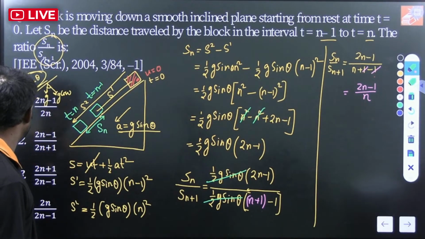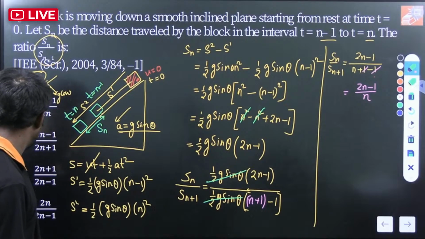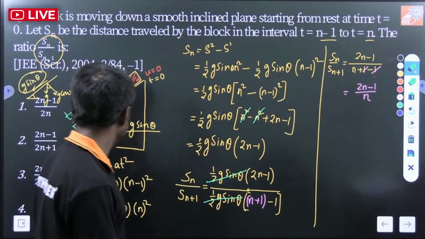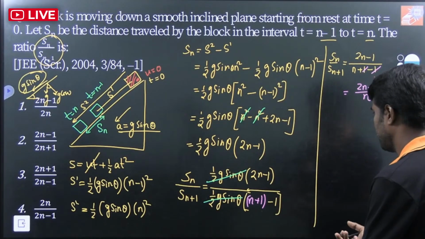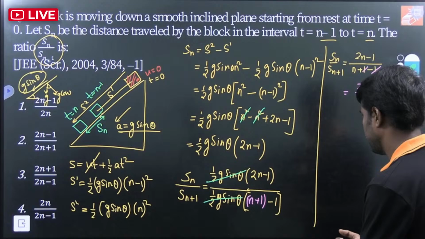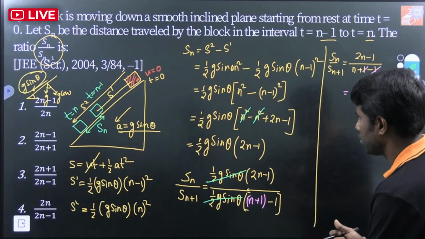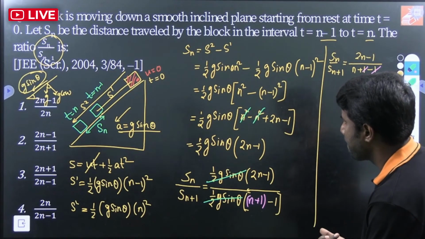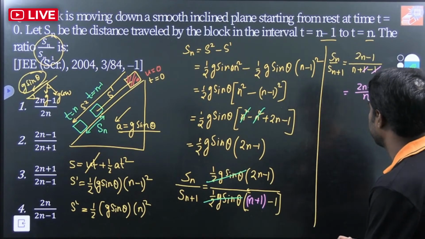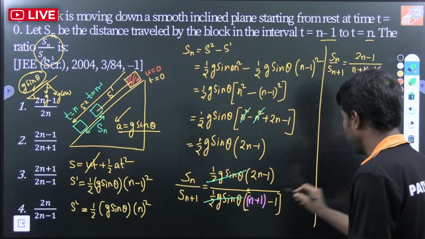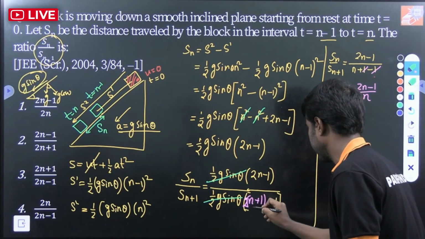Something I have missed, I think. See that calculation with n plus 1. Oh, we forgot the 2 part here. We have the 2 here, no?